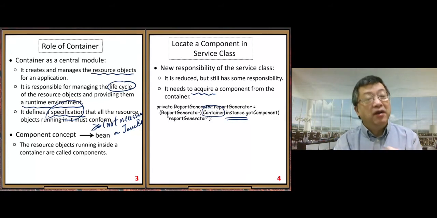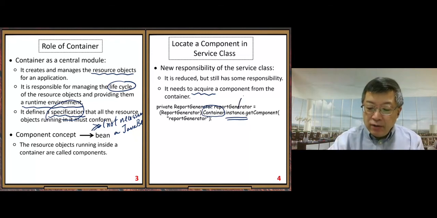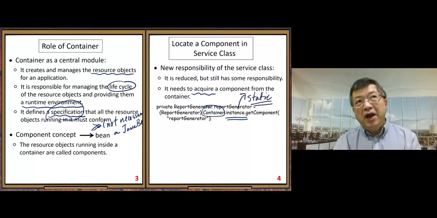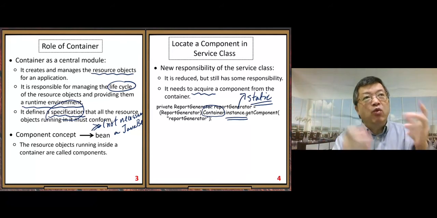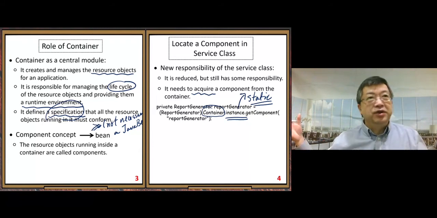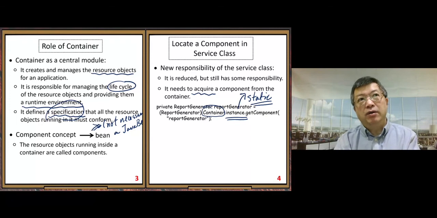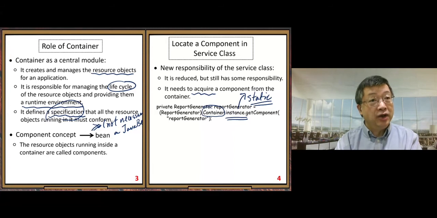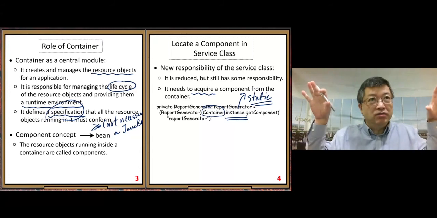Why static? When we use a static variable, the whole application shares just one copy of it. With instance variables, you usually have many different copies, but a static variable has only one copy for the whole application. Because this container is used to provide services for the whole application.